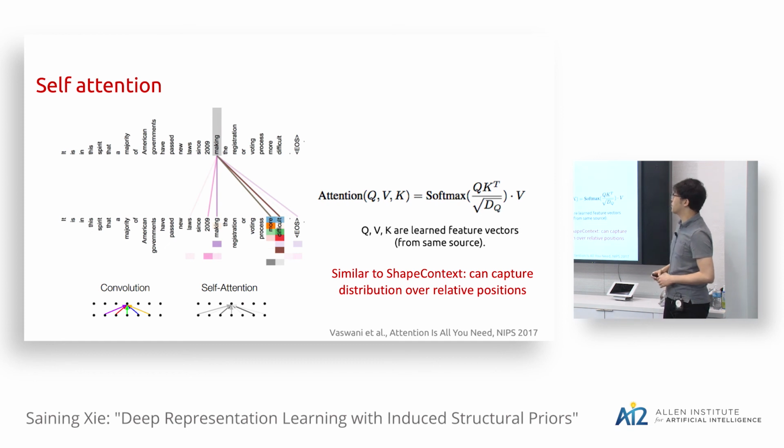But we can borrow something from natural language processing. I think many of you are really familiar with this work from Google, self-attention. Self-attention is a non-local transformation, and it's really efficient at learning the distribution over relative positions by just learning some feature vectors and doing a dot product with this equation here.